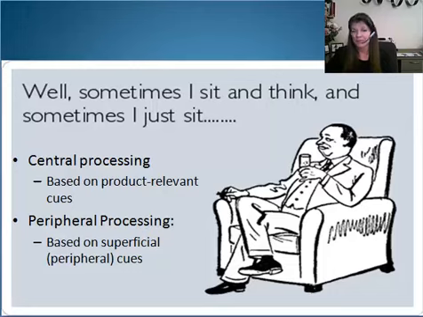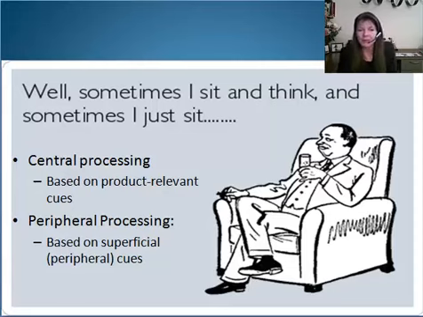That would be an example of a simple heuristic. Also, simple associations would be an example of a peripheral cue, even the attractiveness of a model associated with the product, or a packaging color associated with the product. Okay, I'm going to buy that because I think it has a really nice color in the packaging.